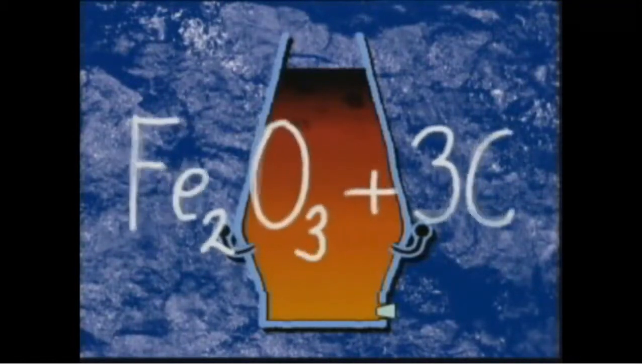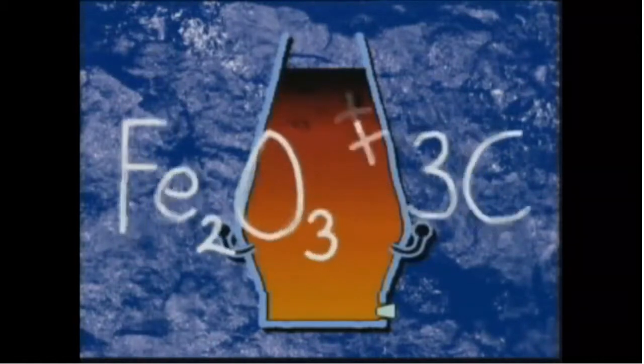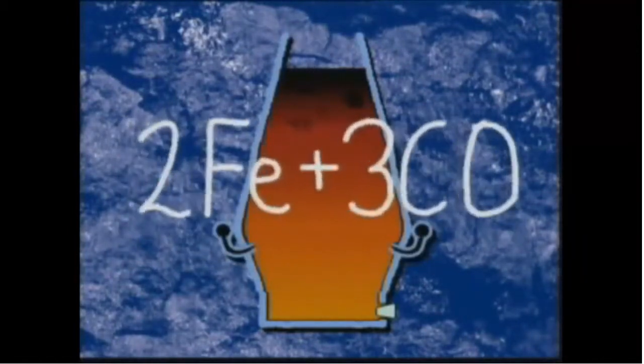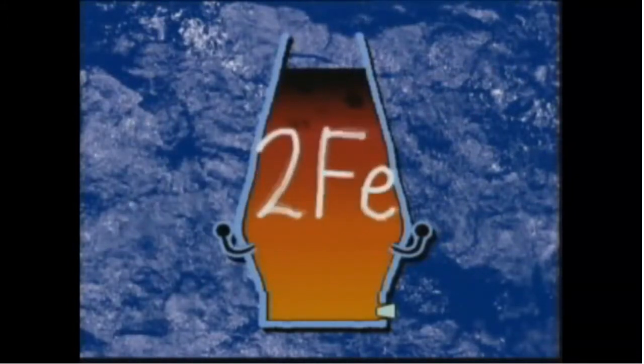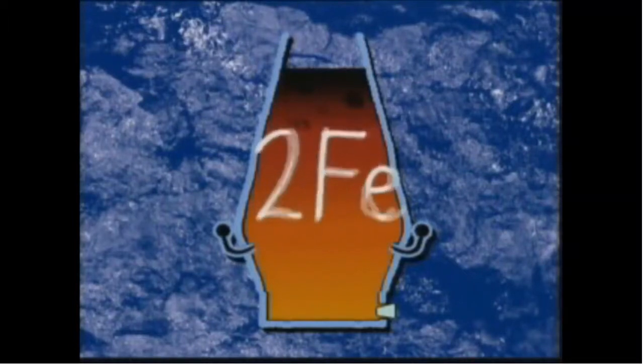Iron ore is principally a compound of iron and oxygen. Iron is produced by the extraction of oxygen using coke. This reaction is endothermic. To sustain the reaction, extra coke is injected together with hot air.